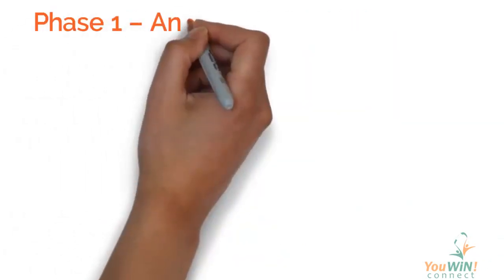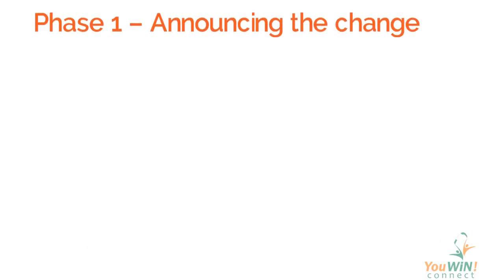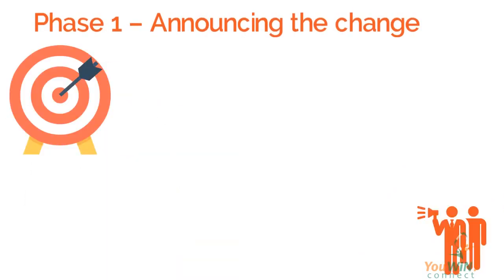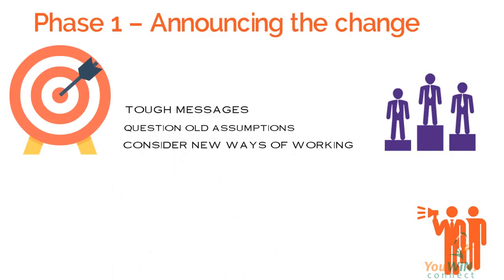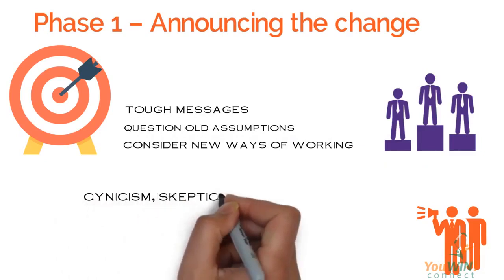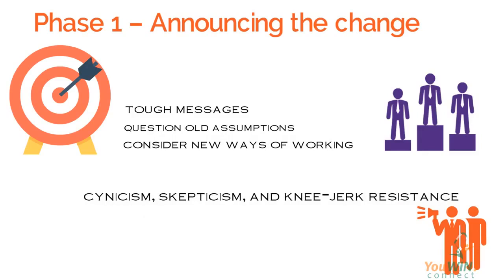Phase 1, announcing the change. What is the goal in announcing the change? The goal is to ensure that staff seriously listen to tough messages, question old assumptions, and consider new ways of working. Common challenges that occur when a change plan is introduced include cynicism, skepticism, and resistance.